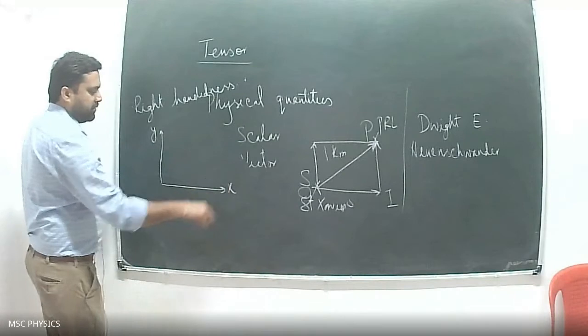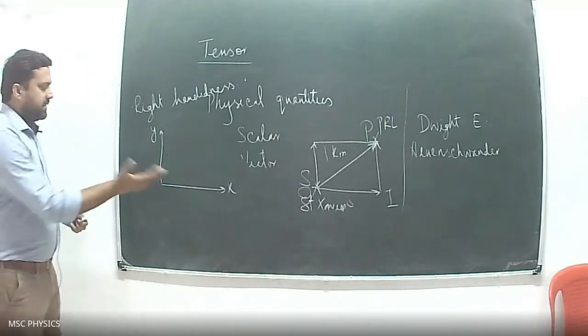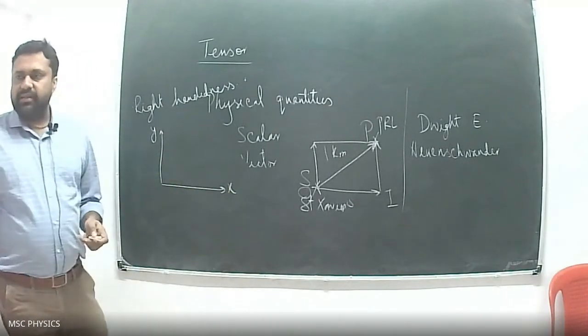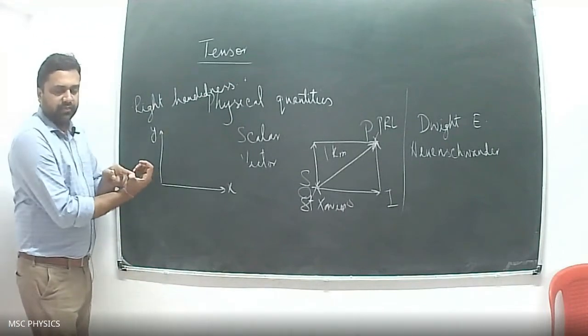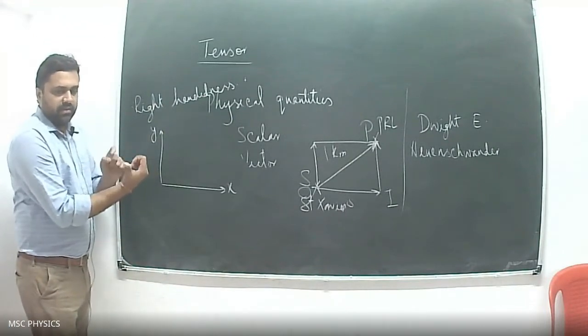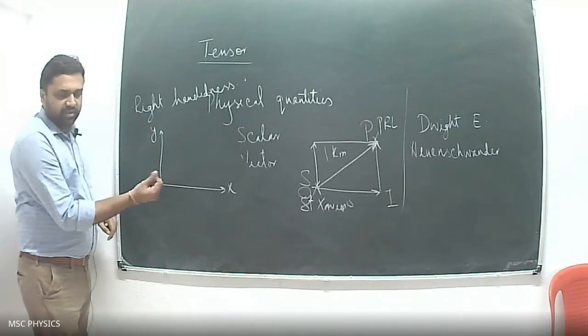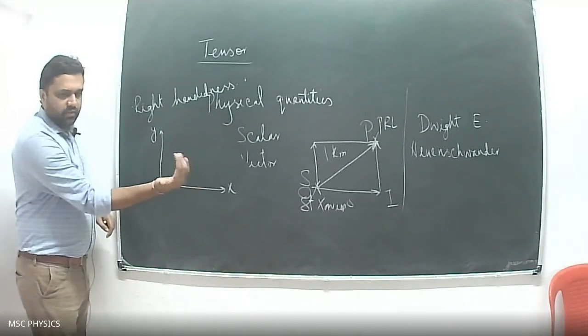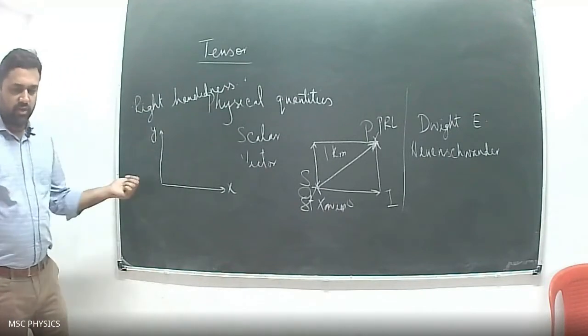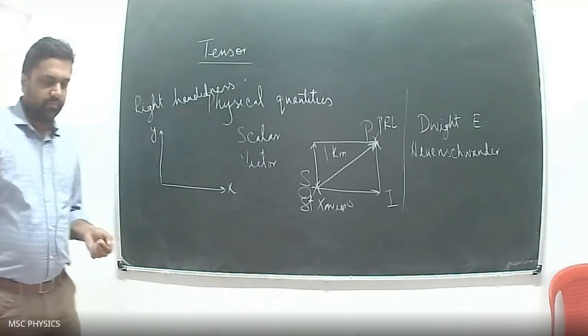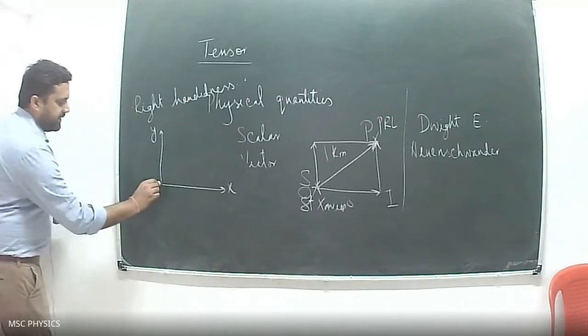We generally put the unit vector, but that is fine. So x, y, and then the z direction should be along the direction of the thumb. It should be pointing along the thumb. So x, y, and z. So z will be out of the plane. Z will not be inside the plane. Right? So x, y, and this will be z.